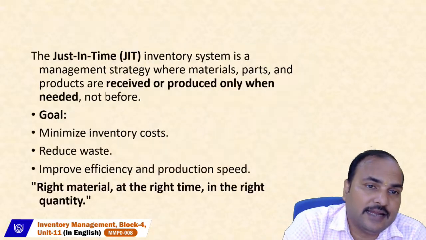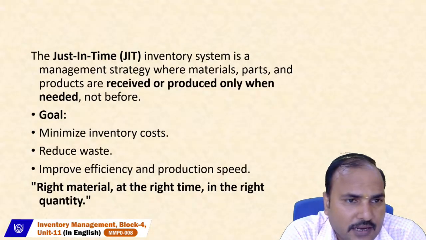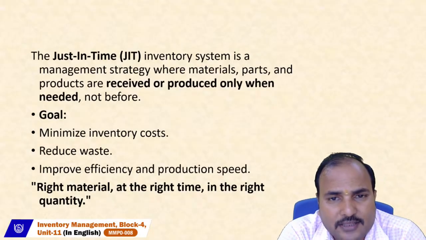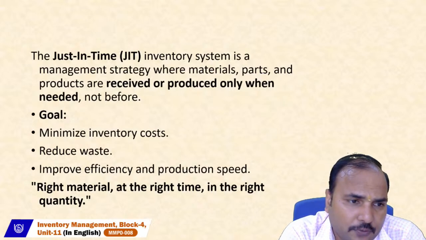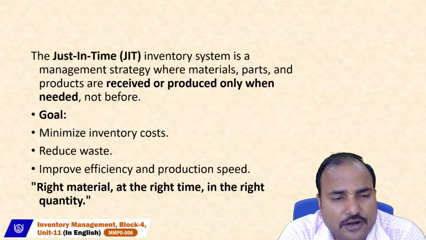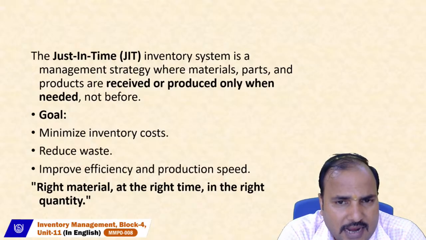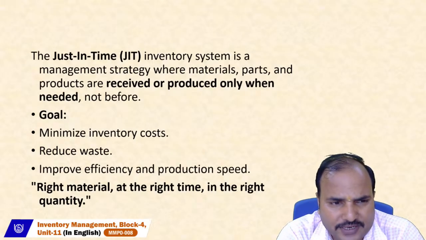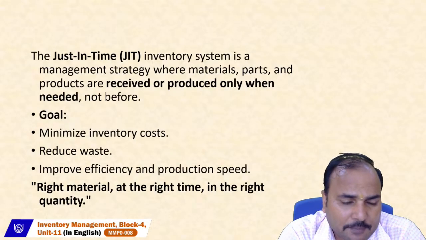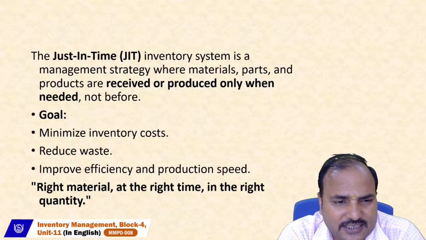The JIT inventory system is a management strategy where materials, parts, and products are received and produced only when needed, not before. The goal of JIT is to minimize inventory cost, reduce wastage, and improve efficiency and production speed.